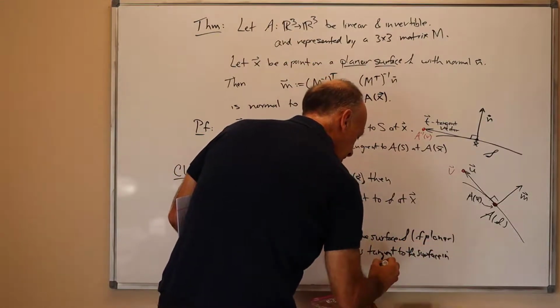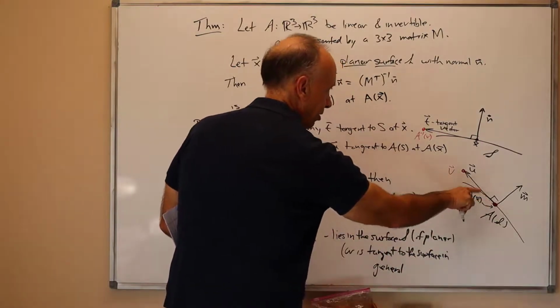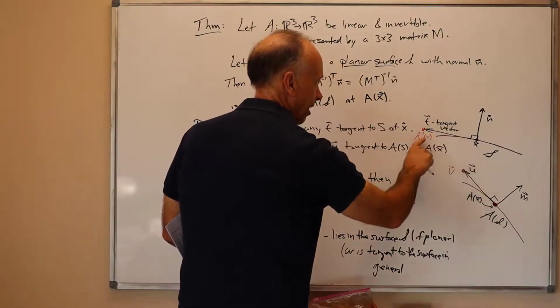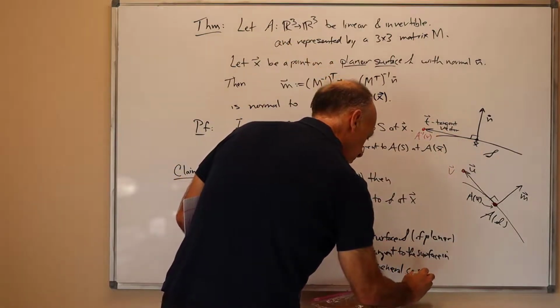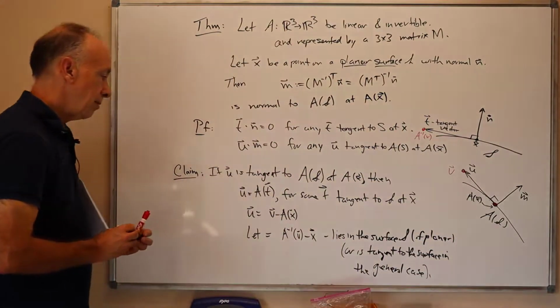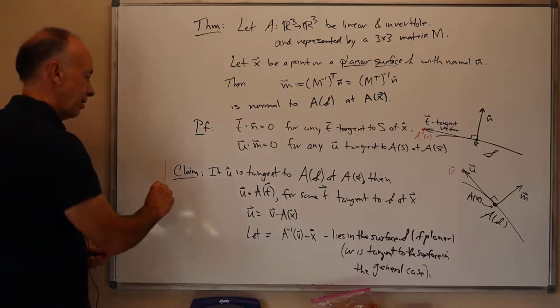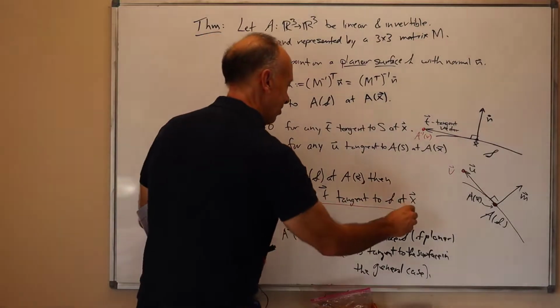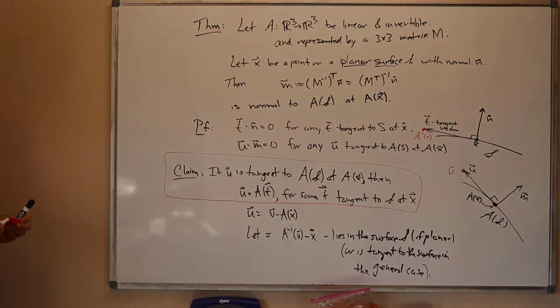In the general case, you get this tangency by taking limits as V gets very close to A of X, and then A inverse of V would get very close to X. Okay. So this claim will be very helpful for proving the theorem, which we'll do on the next board.